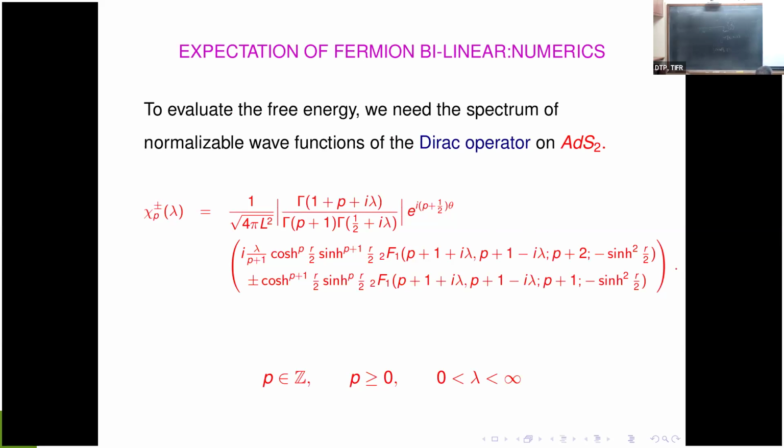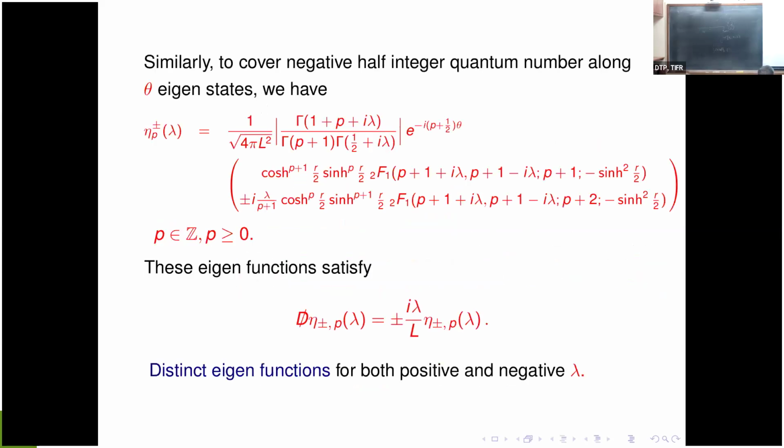The gamma t shifts between these two eigenfunctions. Similarly, for the negative half integer along theta, there are functions of that kind. So the spectrum is known, and the important thing is to know that there are positive and negative eigenvalues, which is what led to squaring the determinant and so on.